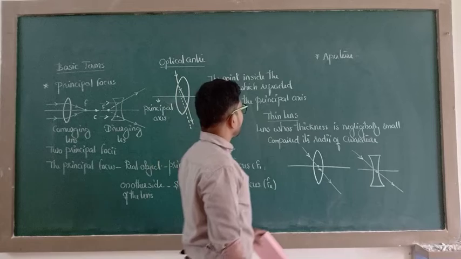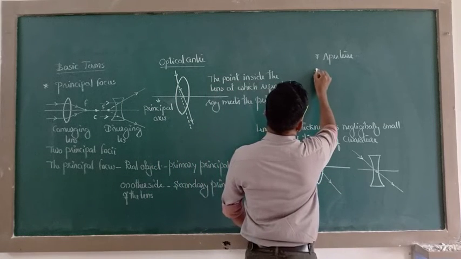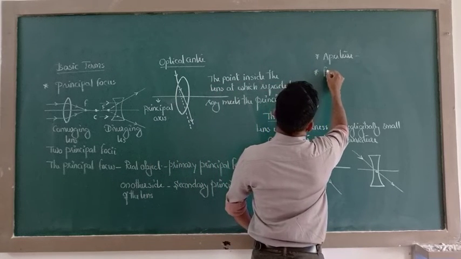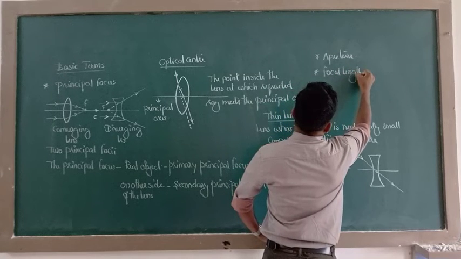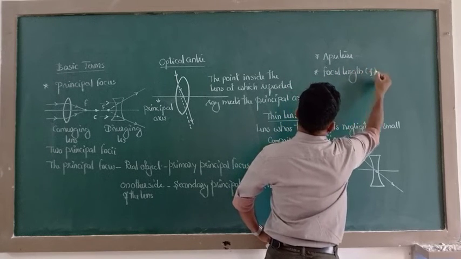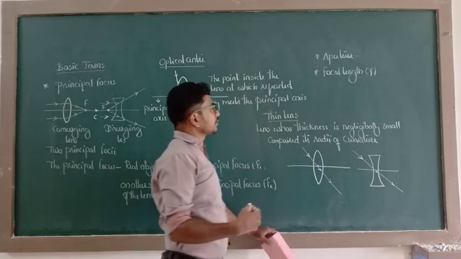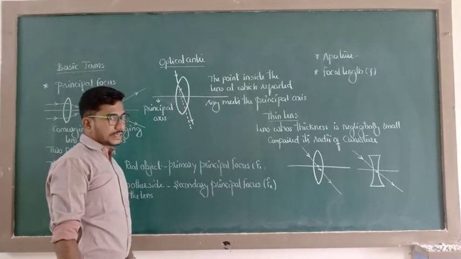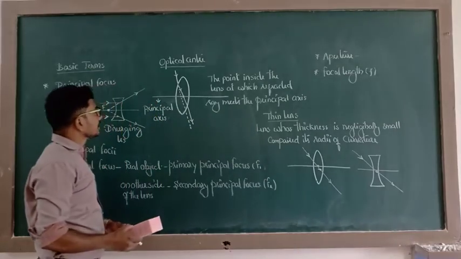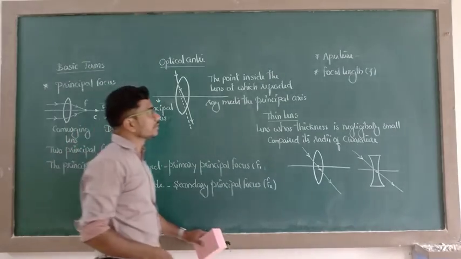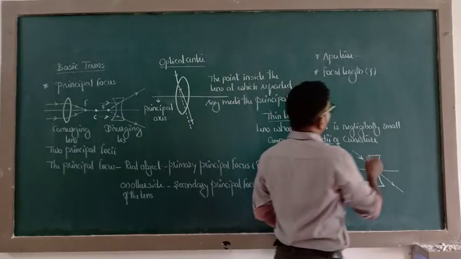And focal length. Focal length is represented by small f. The distance between optical center and principal focus, that distance is known as focal length.